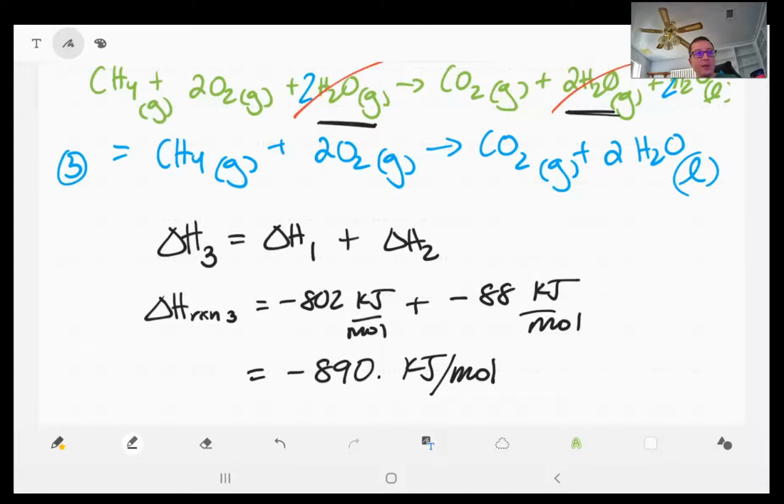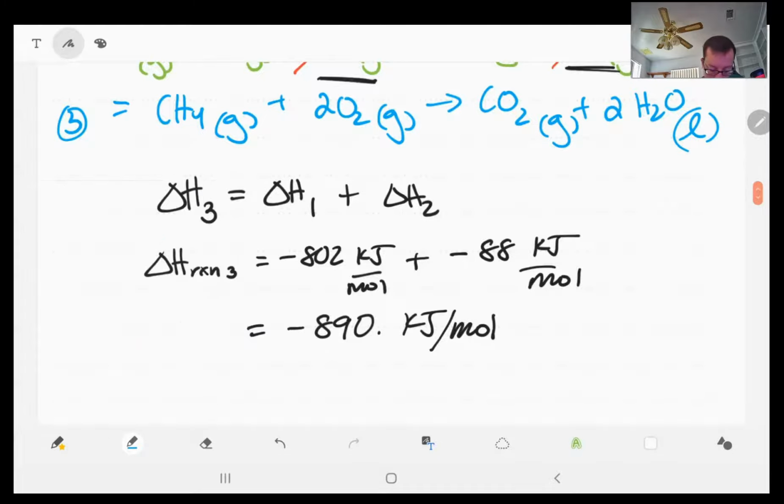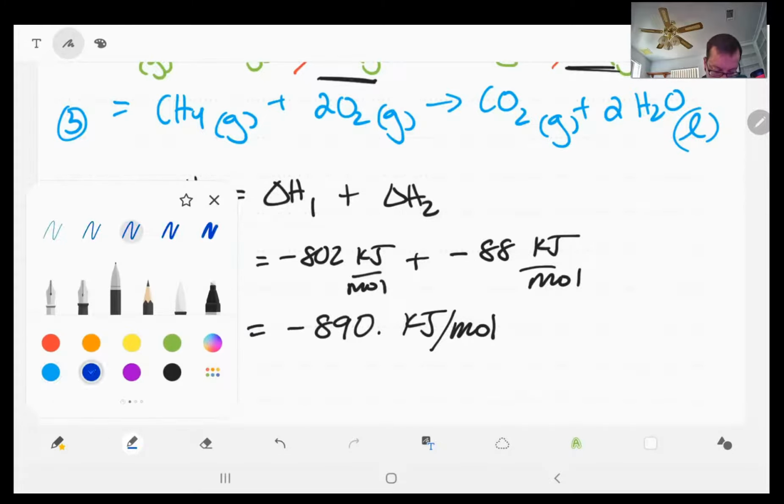So Hess's law problems like these, I'll be giving you 2, 3, 4 equations, and you'll be combining them in different ways. A few things I want to talk about delta H that we already have talked about before, and let's do these in dark blue.